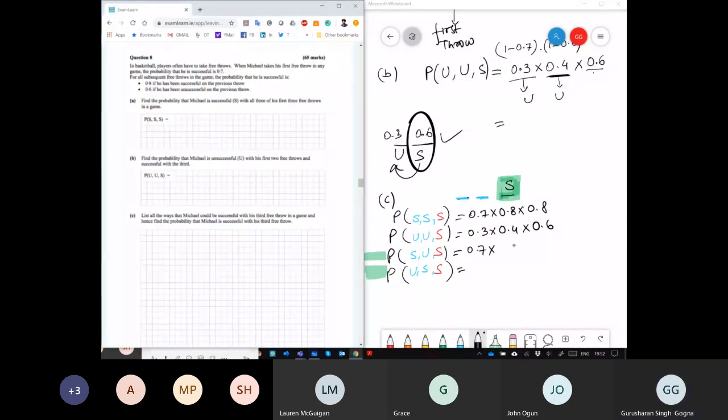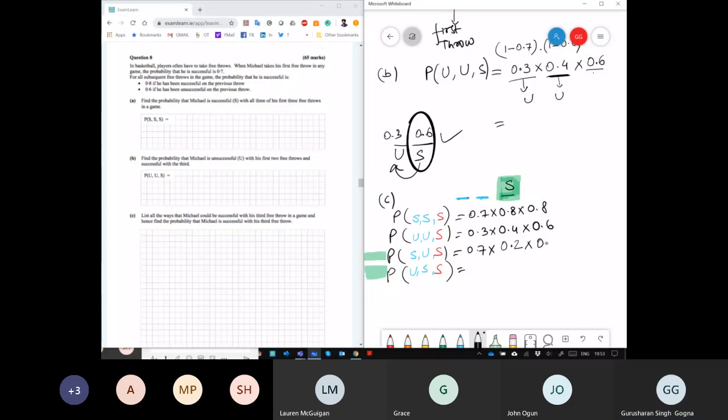Okay, let's see. So second one is unsuccessful, isn't it? So what is the probability of that? If I'm reading the bullet point, he is successful is 0.8 if he has been successful in the previous throw. But this is for unsuccessful. So this should be 0.2, isn't it? Probability of success is 0.8, but we want the probability to be unsuccessful. And then he is successful here, but in the previous throw he was unsuccessful.